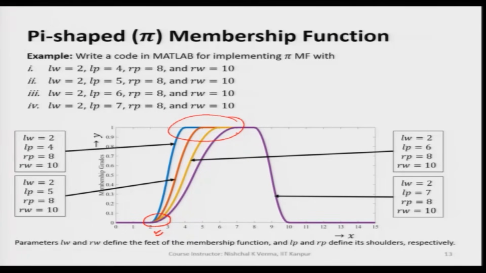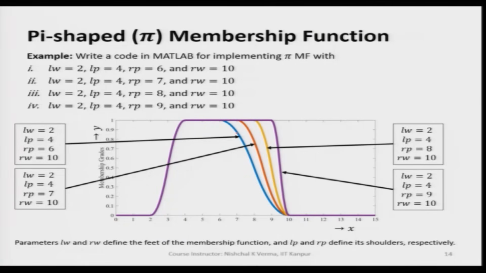Similarly, if we take another example, out of all the 4 parameters of the pi shaped membership function, we change only RP, that is the right shoulder, and the rest of the parameters remain the same. If we see here, LW is not changing, in all the cases it remains at 2.